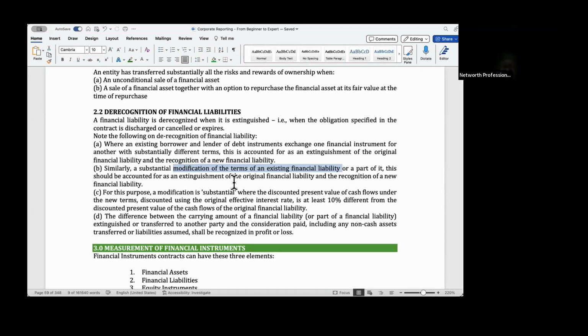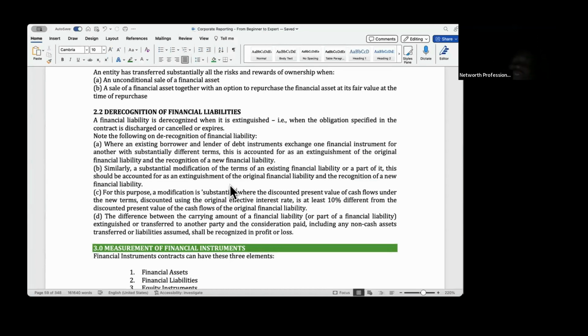So modification can also result in extinguishment or derecognition if the modification is substantial. It is substantial if there is a 10% difference between the cash flow under the old terms and under the new terms.